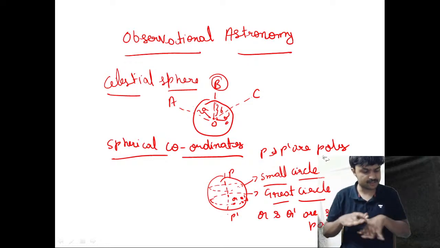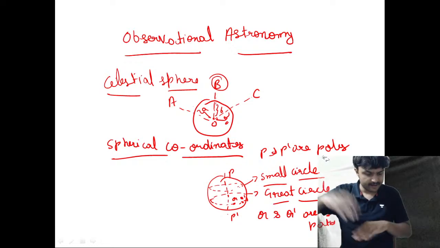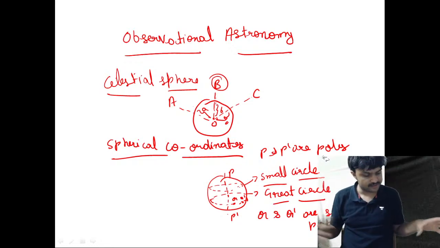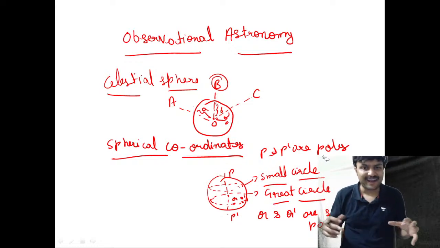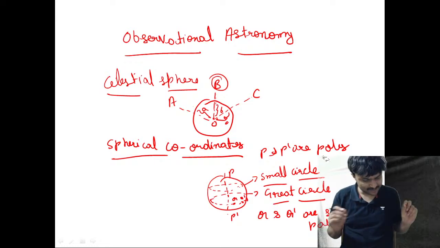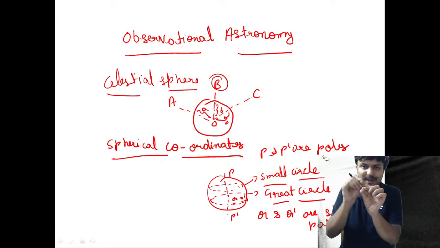A plane through the center of the sphere will split the sphere into two identical hemispheres along a circle called the great circle. And then the small circle: imagine an ant going on an apple.